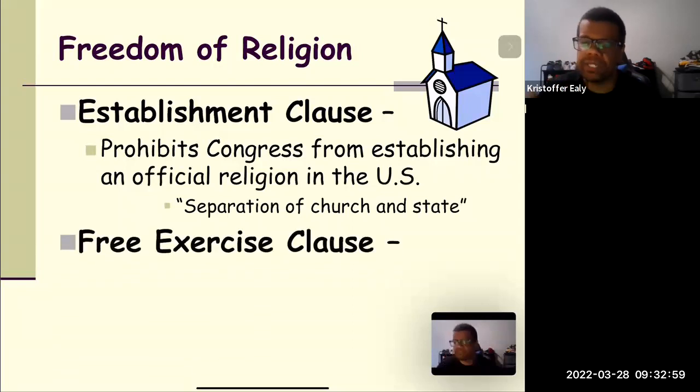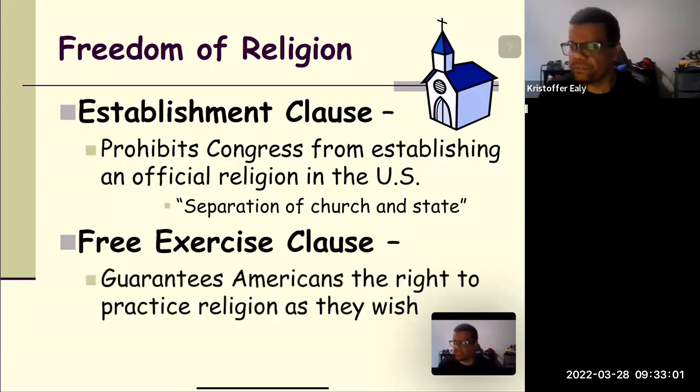So then we have the free exercise clause. The free exercise clause guarantees Americans the right to practice religion as they wish, within reason. We just talked about the snake handler churches and things of that nature. You can't just practice religion as you wish. You can practice religion as you wish up until a point.